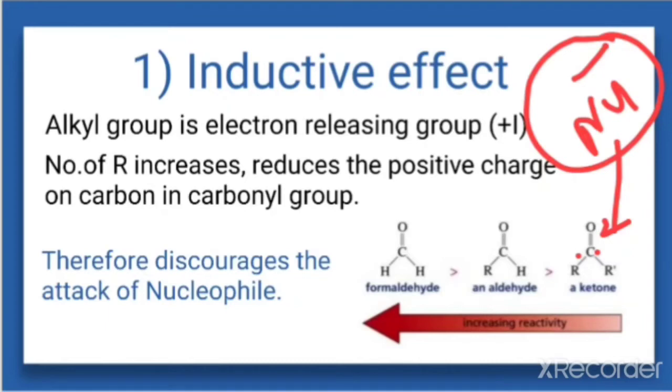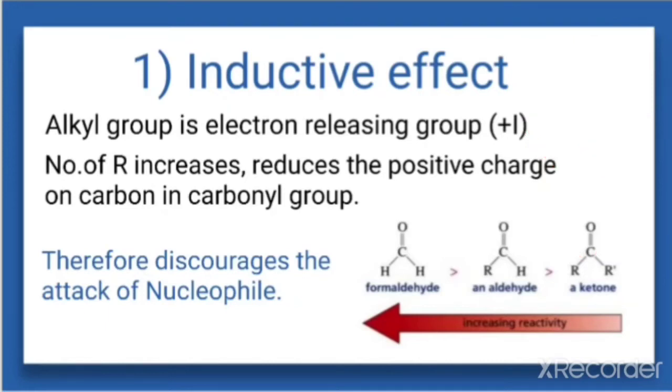So if the partial positive charge is greater, the attack of the nucleophile is easier. So one reason why the aldehyde is more reactive than the ketone is that as the number of R groups increases, the partial positive charge on the carbon in the carbonyl group is reduced. Therefore, it discourages the attack of the nucleophile.